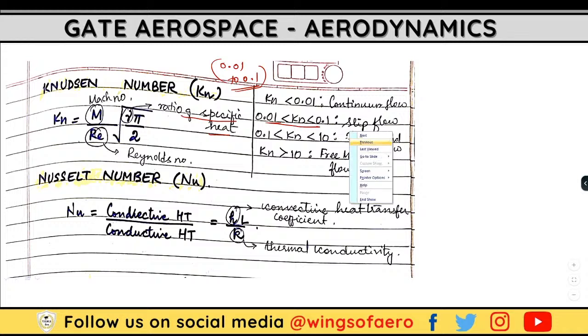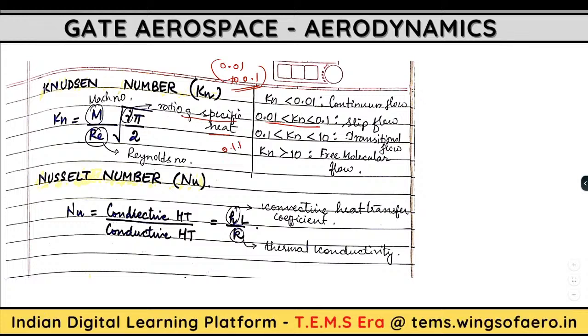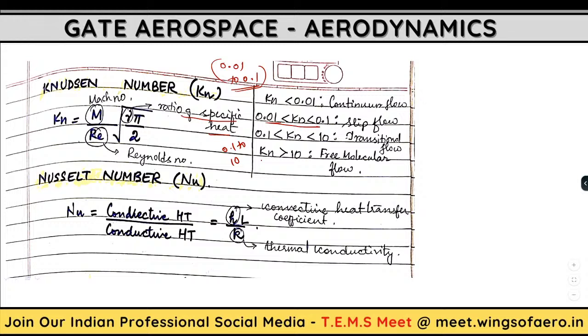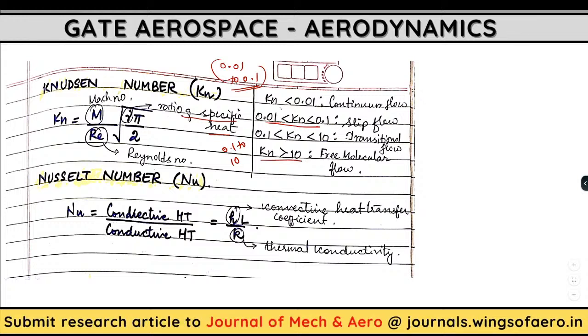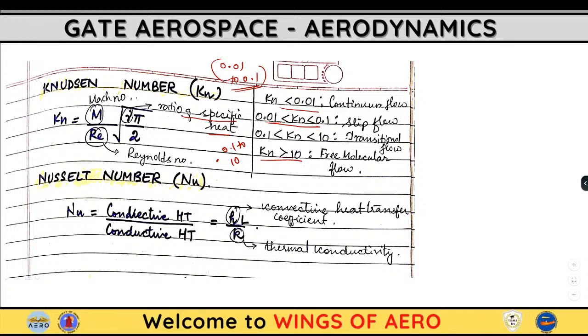If it is transitional flow, then it has to be between 0.1 and 10. If it is free molecular flow, then it has to be greater than 10, and less than 0.01 will be continuum flow. So you have to remember the Knudsen number quite well.